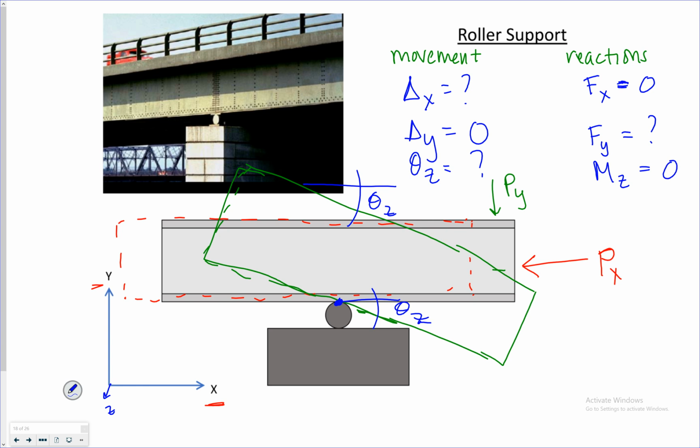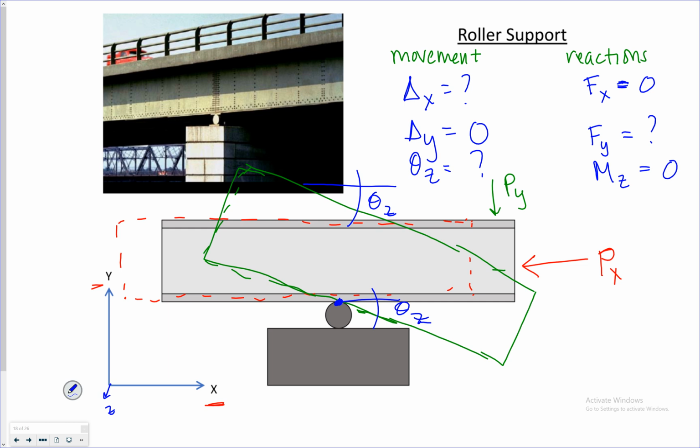Nope. So the only reaction that I have at a roller support is a vertical force. There's no horizontal force preventing movement in the horizontal direction, and there's no moment preventing rotation about Z.